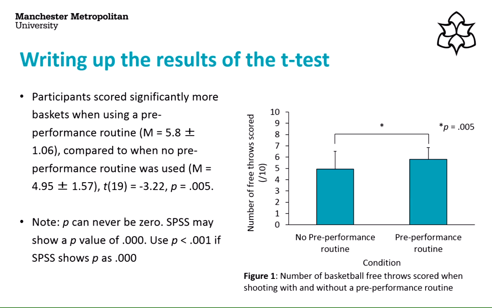Just remember as a final point that if the SPSS output had shown the significance value to be 0.000, the reason it's done that is because it only shows to 3 decimal places in SPSS, and the p-value would actually be even smaller than that, so it gets rounded down to 0. But it can never be exactly 0, so if the p-value had been 0.000 in SPSS, we would have written it up as p is less than 0.001.